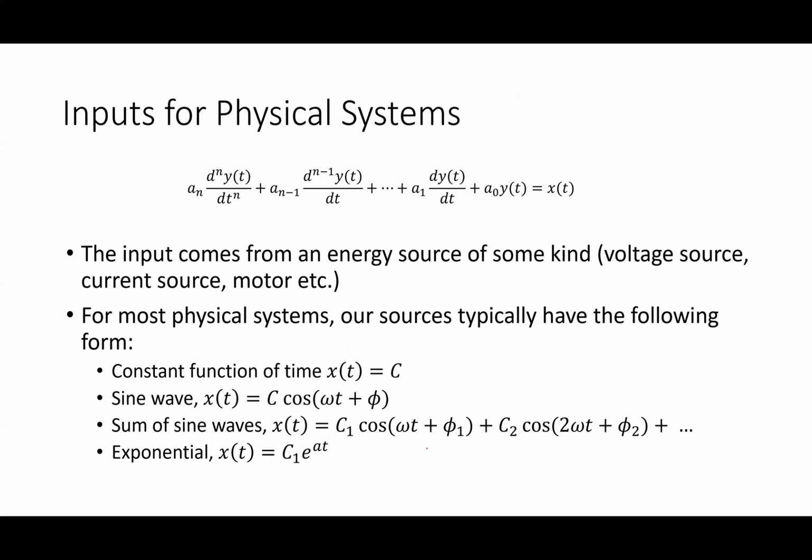Okay, so we're going to look real quick at what we did the other day. I said typically, almost always, our source has one of those 4 forms: it's a constant, it's a sine wave, it's a sum of sine waves, or it's an exponential, okay?